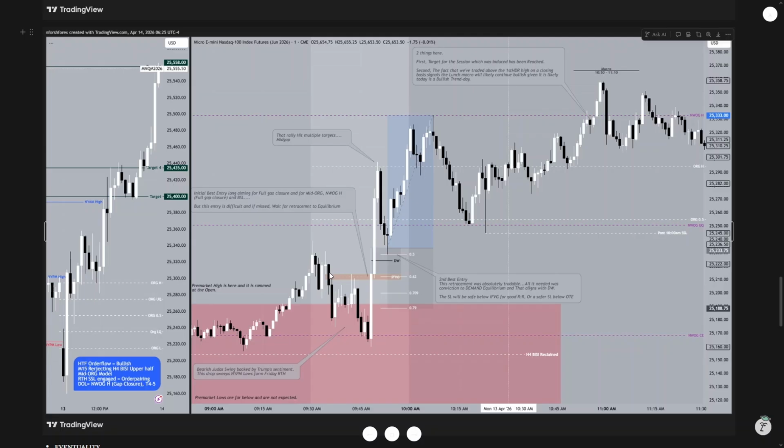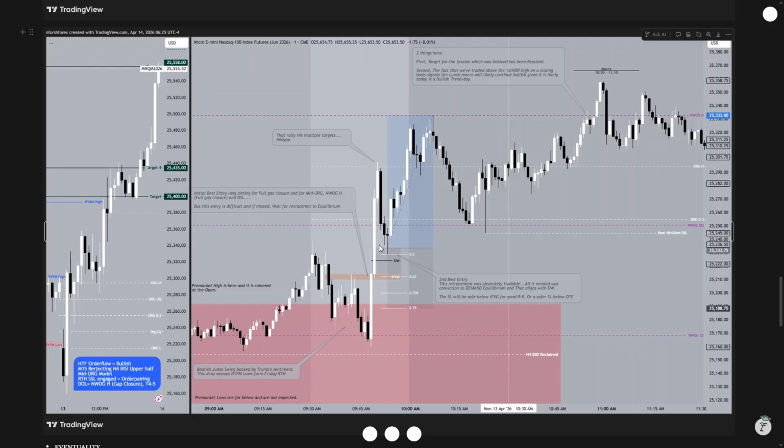So ICT actually mentioned this in real time, this inversion fair value gap. In my point of view, it will be difficult to take this entry without a lot of experience. But after this Judas swing, it fails to take this low, but then it rallies massively, inverts this, and on the next candle hits it and rallies off.